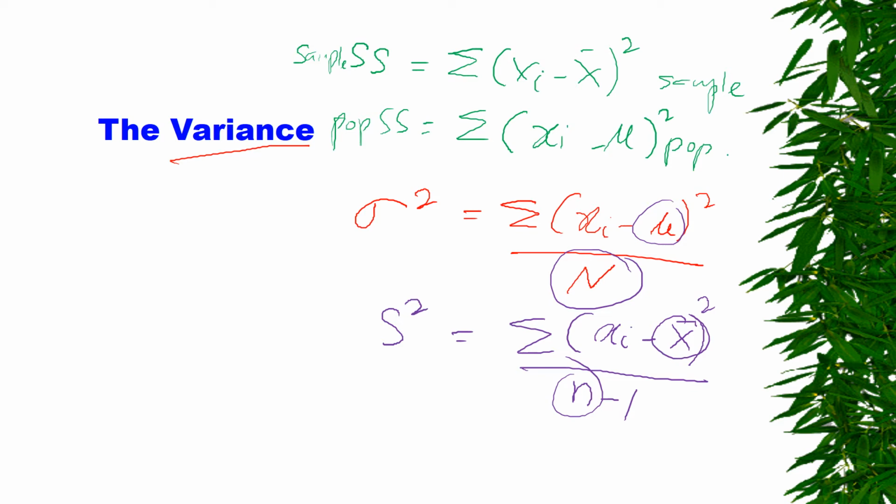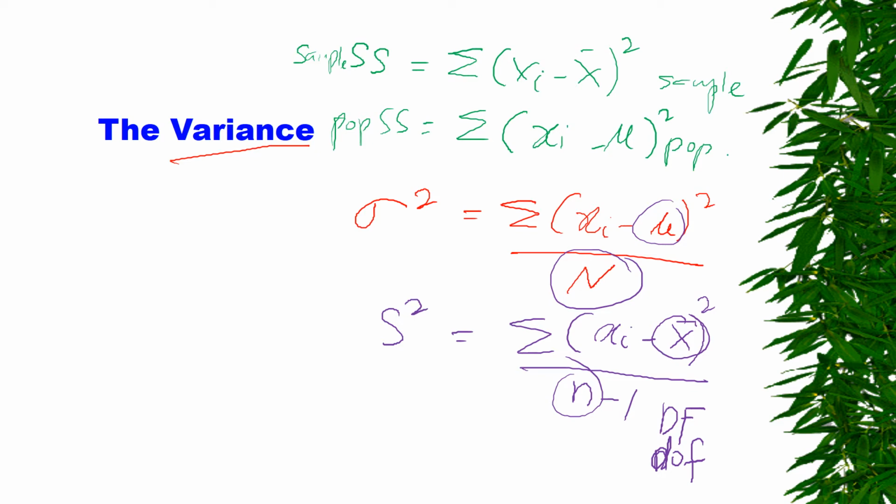Dividing the sample sum of squares by n minus 1, which is called the degrees of freedom, df, rather than by n, yields the unbiased estimate.